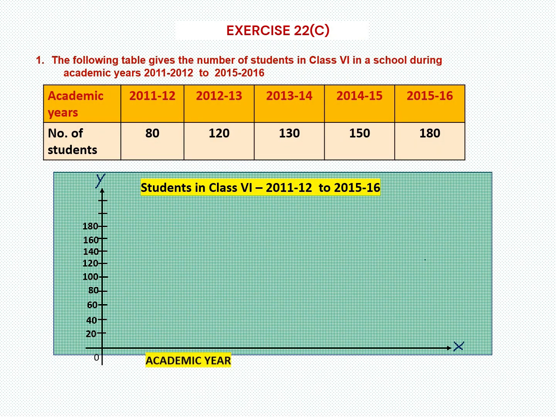Then, next step, what are you going to show on the x-axis? The whole of the x-axis is going to show the academic years. Now, if you have enough space, then you can take each part of your x-axis and write here 2011, 2012, depending on the space that you have.